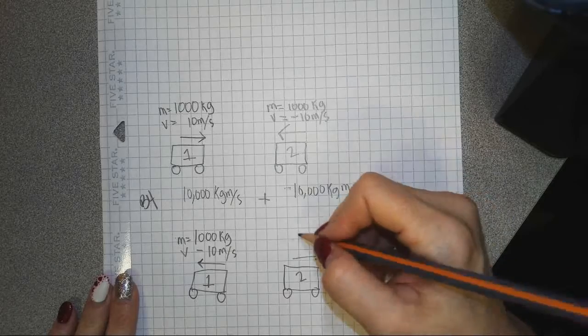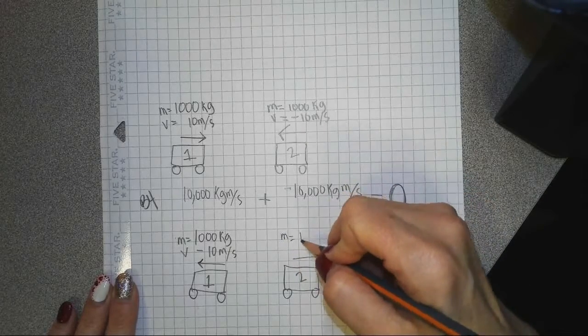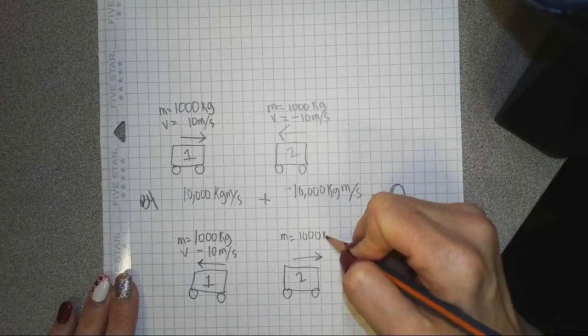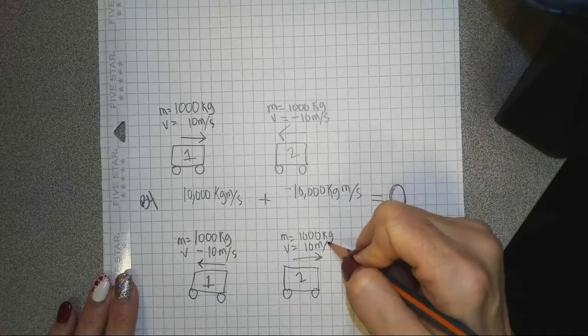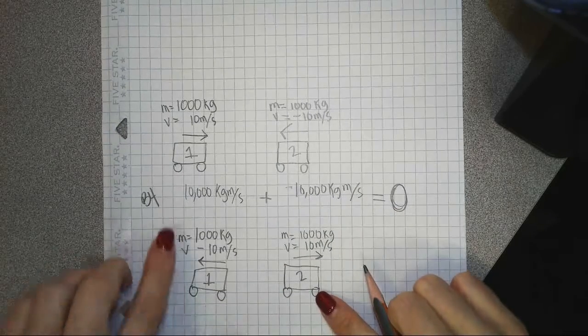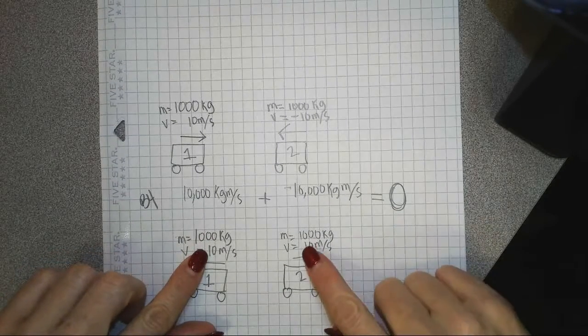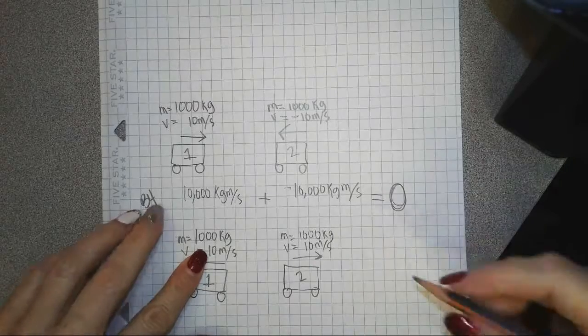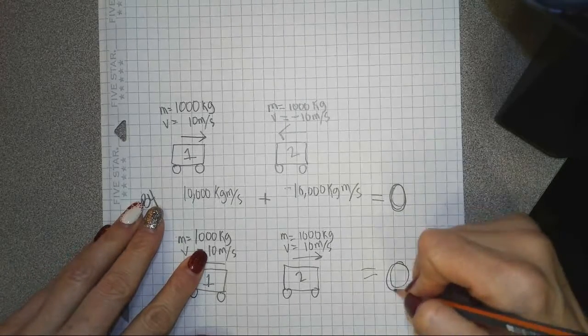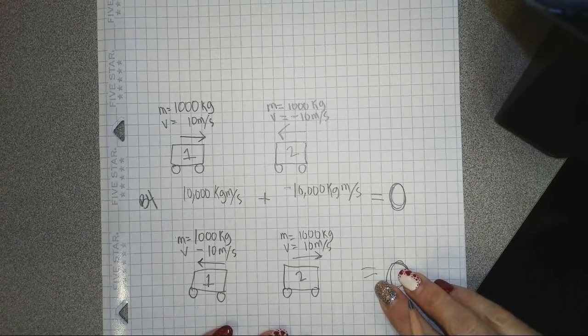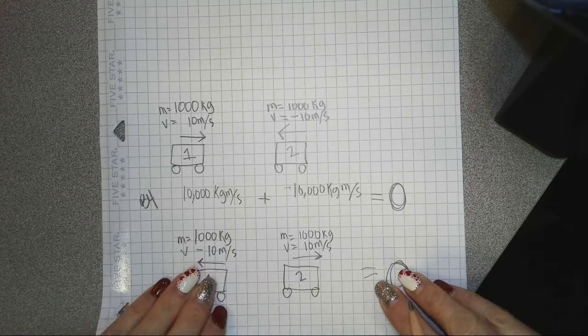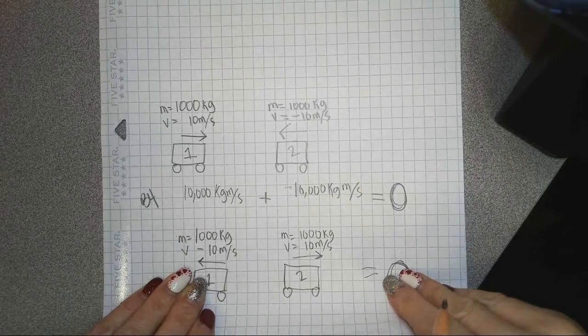It's going in the opposite direction, and now it has a velocity of positive 10 meters per second. If you did the math on these things, you would end up with negative 10,000 and positive 10,000, and they would also cancel each other out with a net momentum of 0. We can again say that total momentum before the collision and after the collision was conserved. Both of these illustrate the law of conservation of momentum.